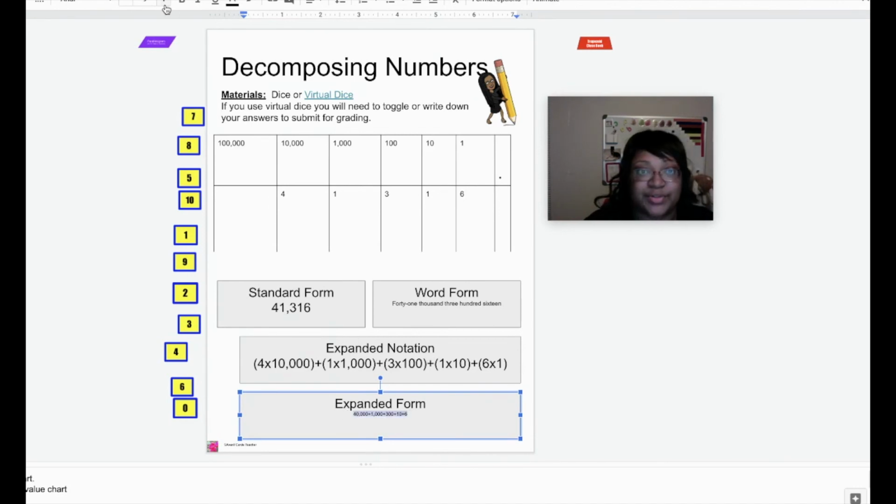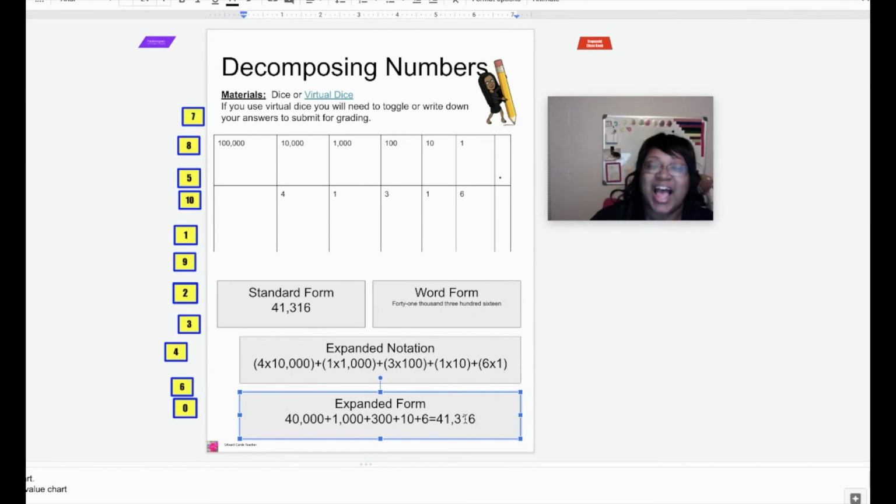I think I went too small there. And that's how you write it in expanded form. And then you can always put an equal sign behind either expanded notation or expanded form and type the number out, because when you add them all up, that's what it equals.